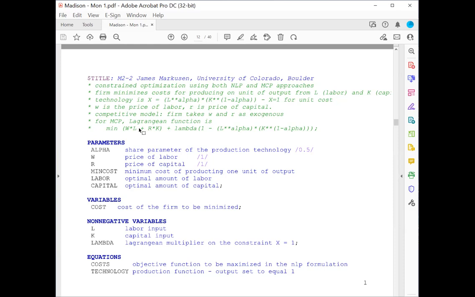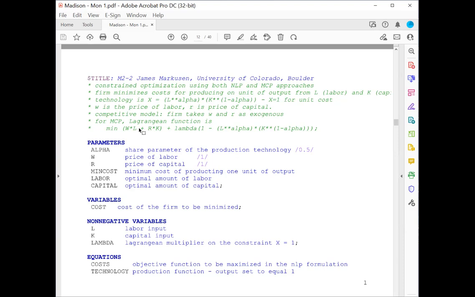By the way, if you're going to use nonlinear programming, an optimization problem, maximize or minimize, the objective variable must be specified as a free variable. You can't say non-negative. It's got to be a free variable. So the variable is the cost in the case of the NLP.